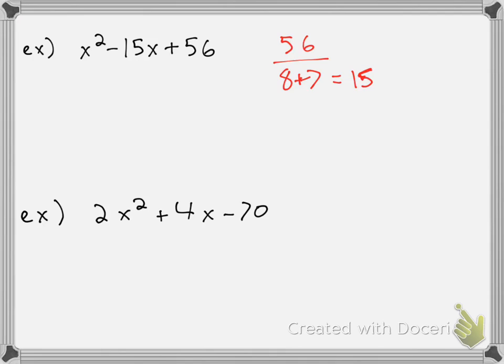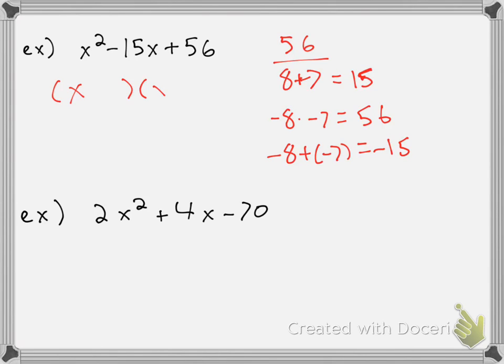So I know that won't work. But if I do negative 8 times negative 7, that will give me a positive 56, and negative 8 plus negative 7 will give me a negative 15. So what will go inside my two binomials will be negative 8 and negative 7.